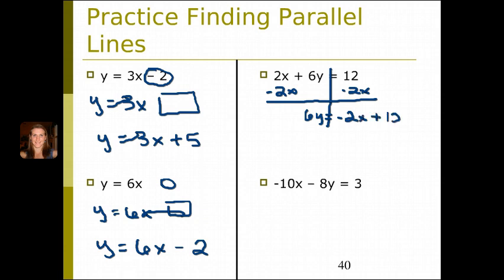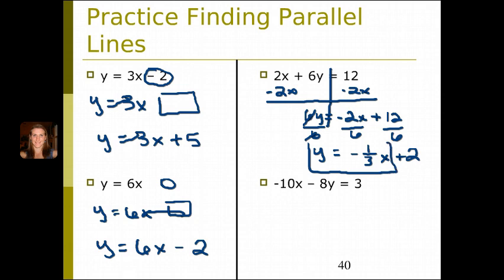Divide everything by 6, and you're left with y equals -1/3 x plus 2. So you can write an equation for any line as long as it starts out y equals -1/3 x, and you have a different y-intercept from +2.